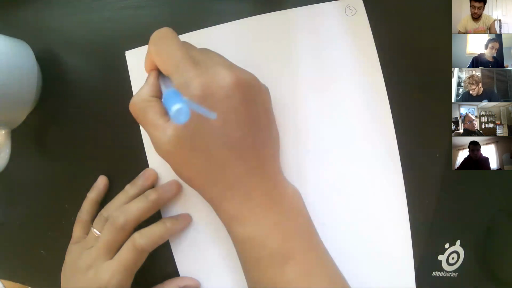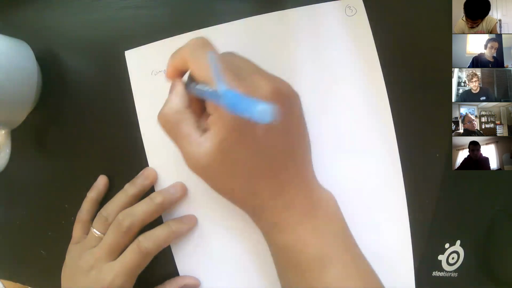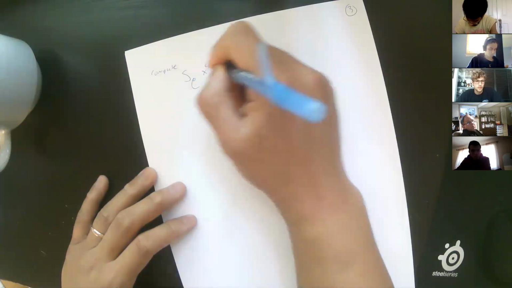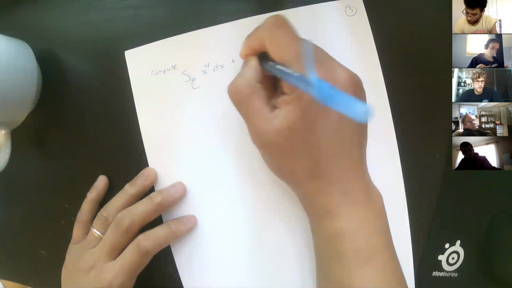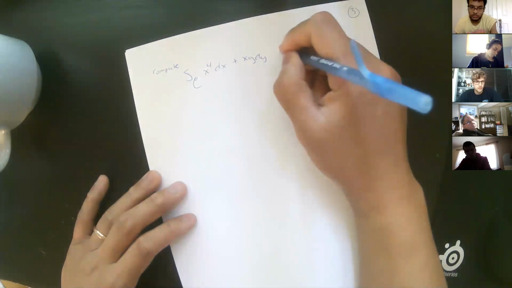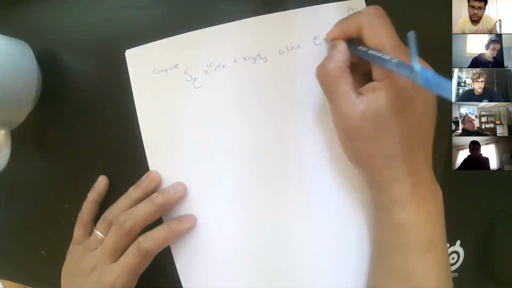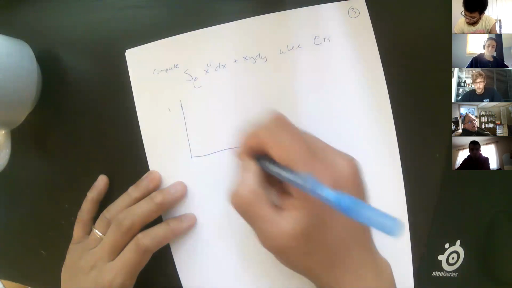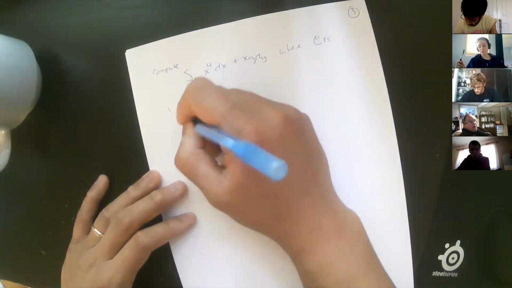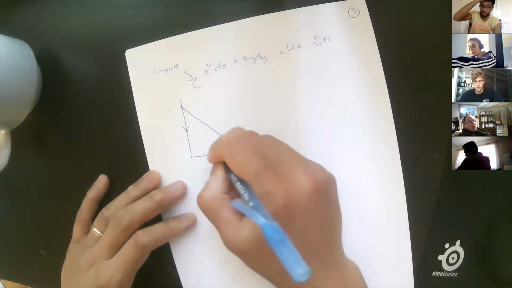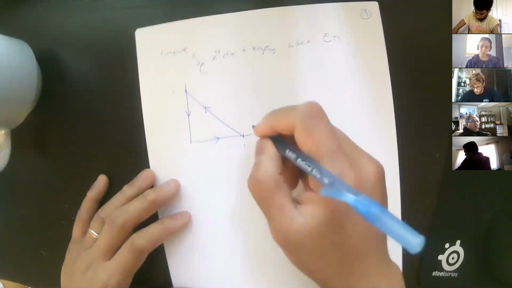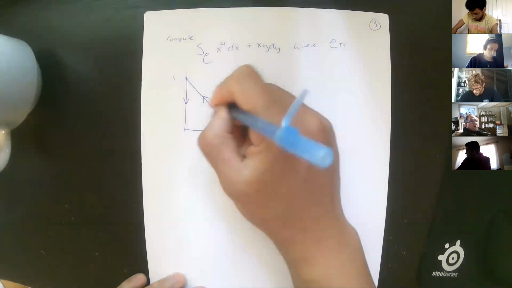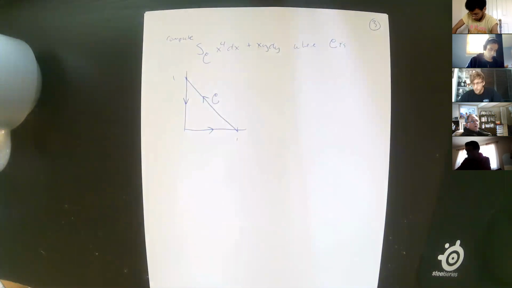So compute the integral over this curve dx plus xy dy, where C is below 1, 1. Okay, so this is our curve C. And our region D is inside.